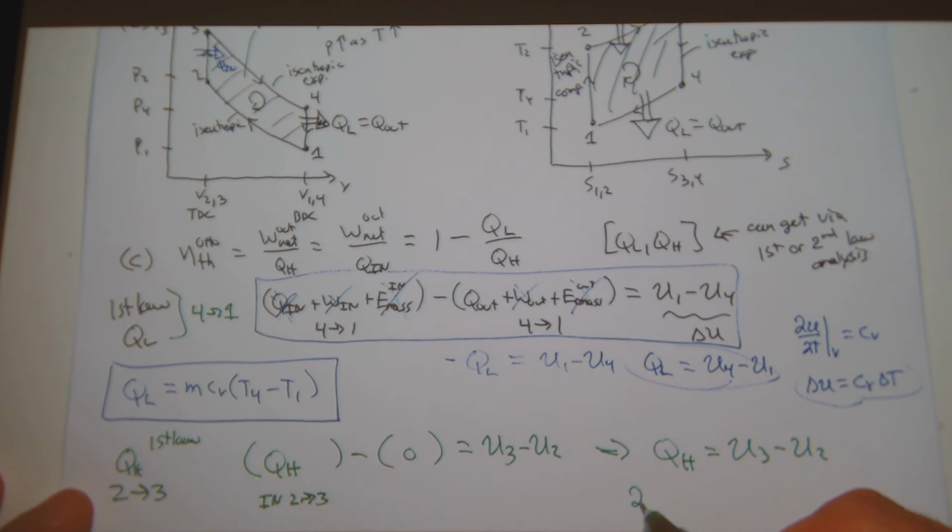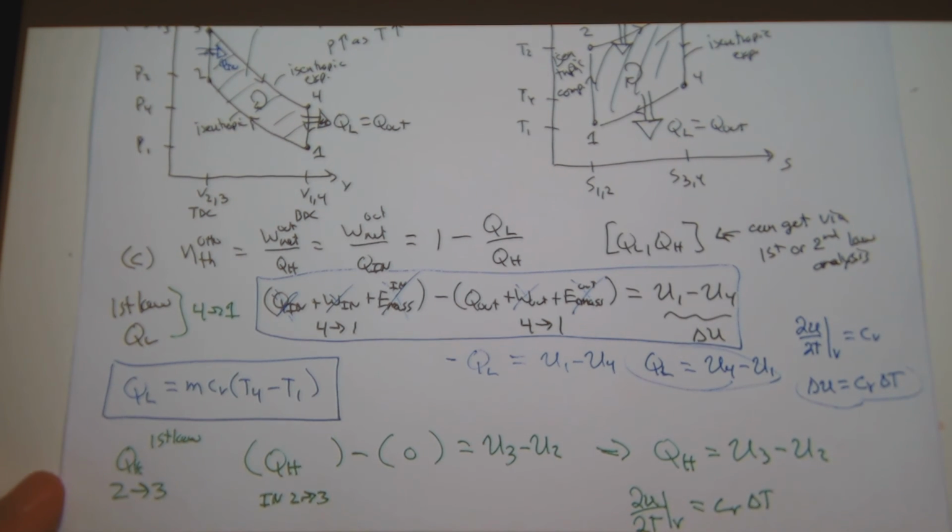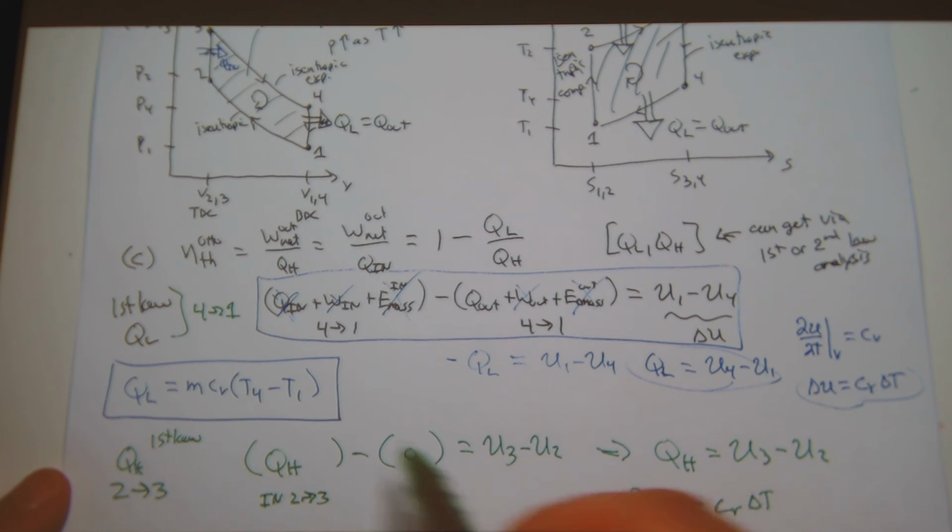And then I know that the partial of U with respect to T at constant volume is equal to CV delta T. Remember, this is small u. That's why that mass came in there earlier.